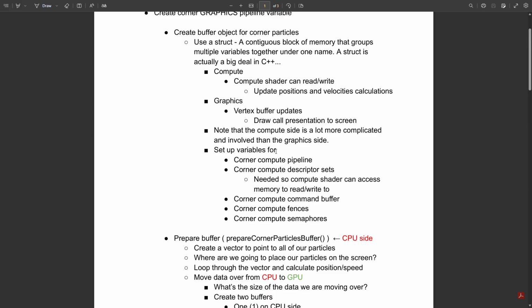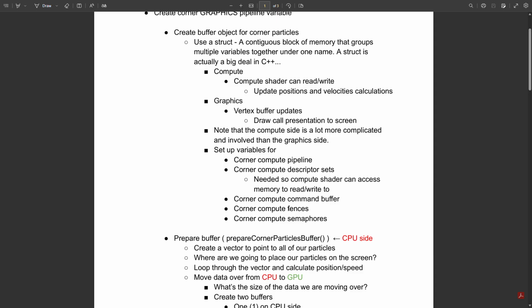Okay, now we have to set up variables for the corner compute pipeline, and the corner compute descriptor sets needed so the compute shader can access memory to read and write to. So we have to set up variables for the compute pipeline, compute descriptor sets, and the corner compute command buffer, because of course we are doing updates and we have commands that we need to get done.